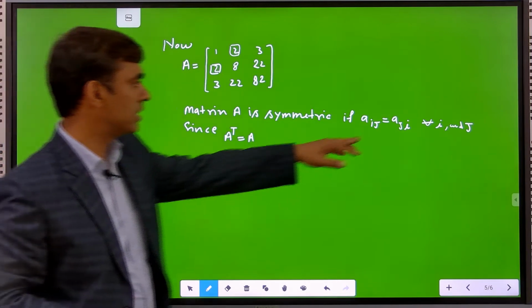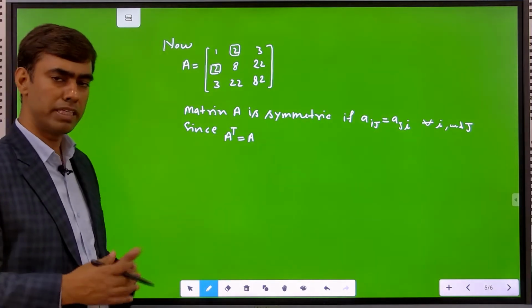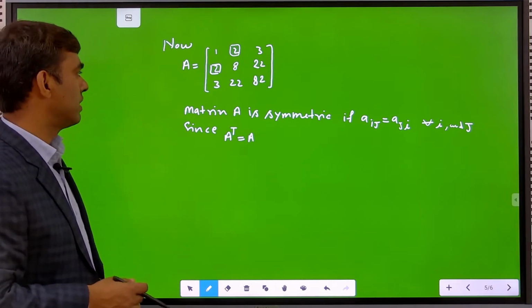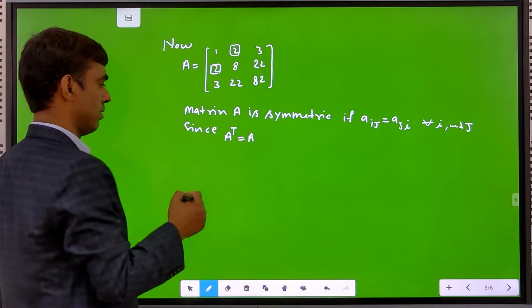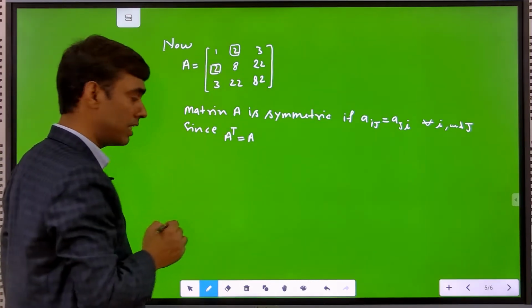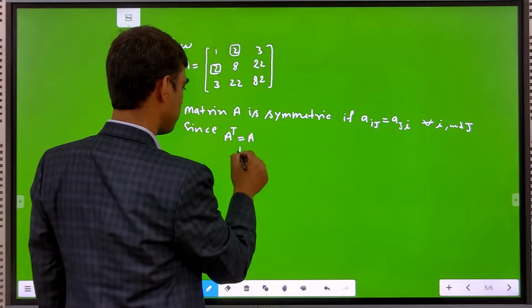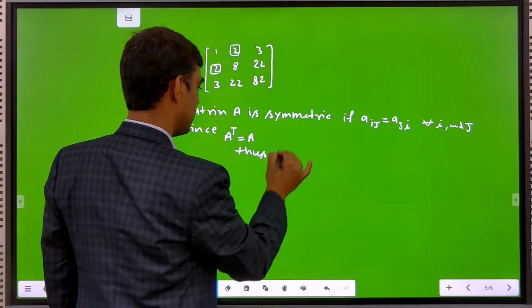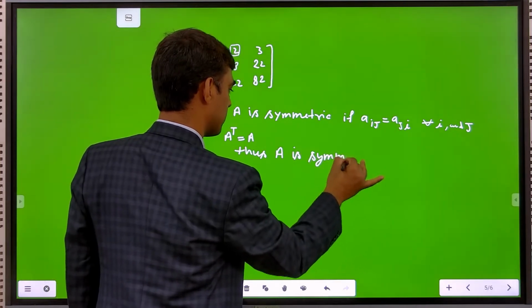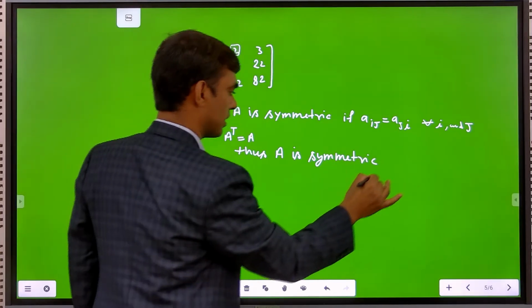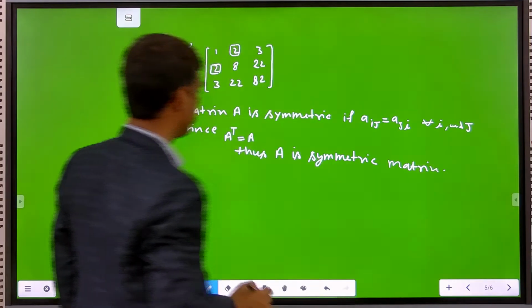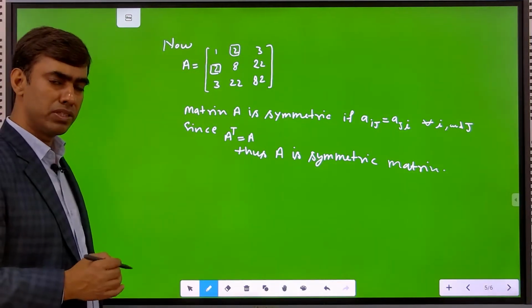Since this property is satisfied, A is a symmetric matrix.